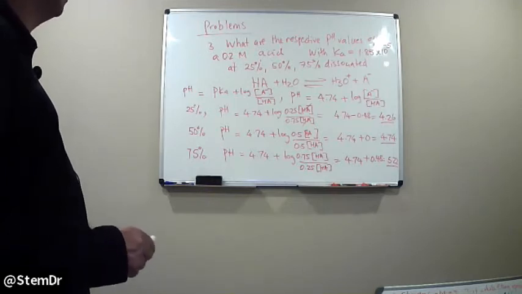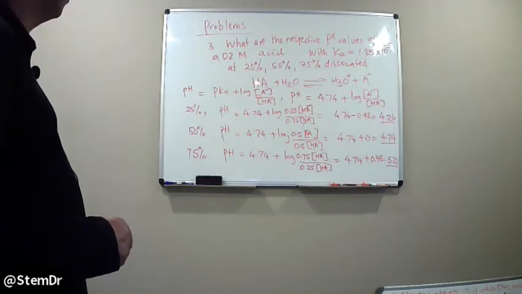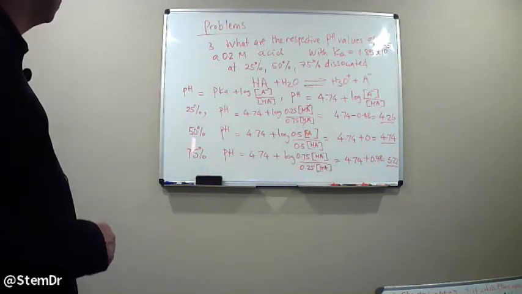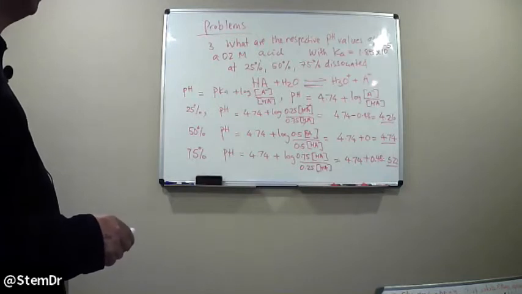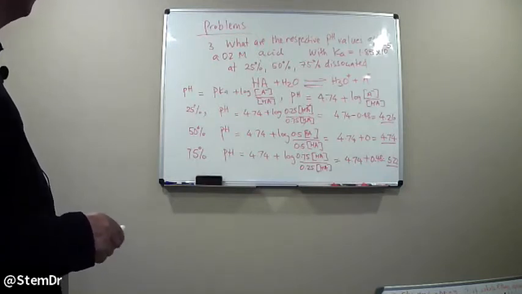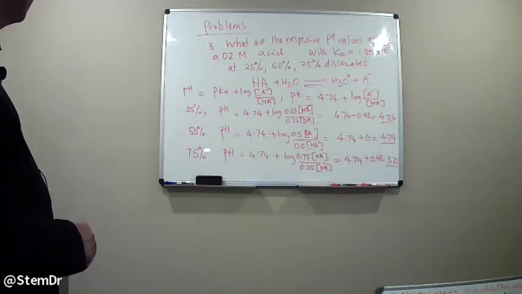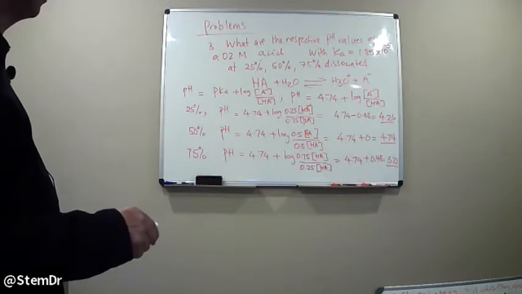This question is a little bit challenging, but in a way that it would show you that the monoprotic acid is dissociating at different levels. That means the conjugate base is being formed at 25% of it, 50% of it, 75% of it dissociates into the right.